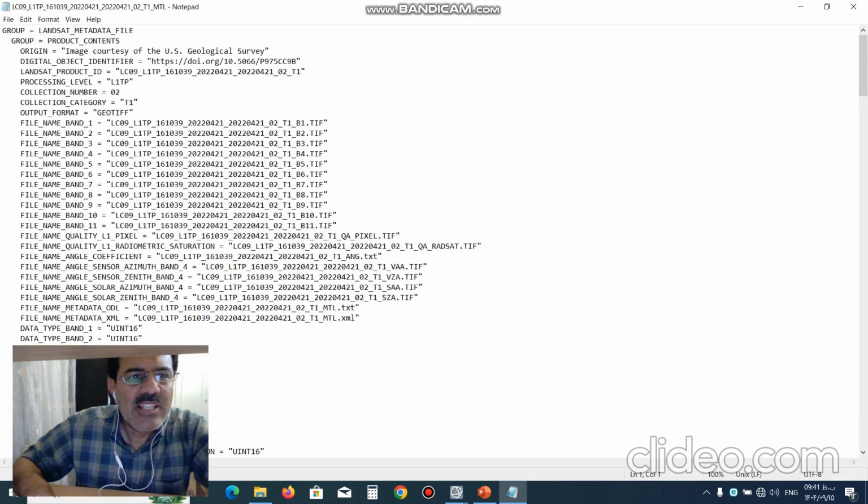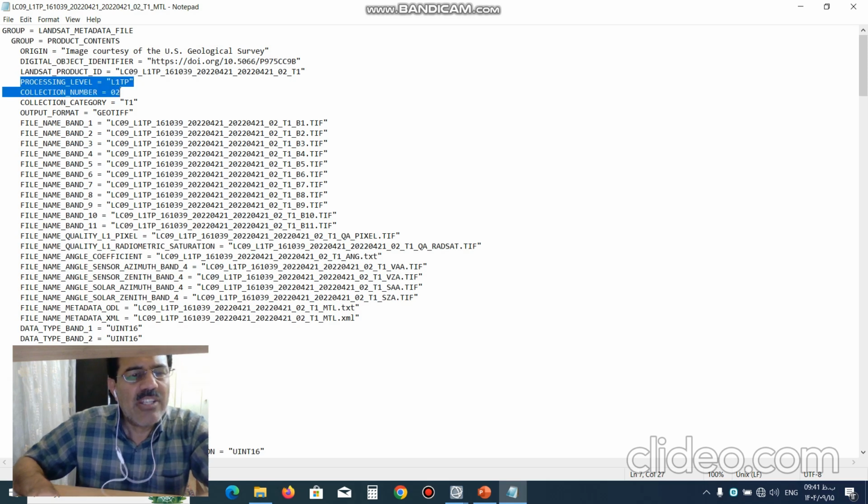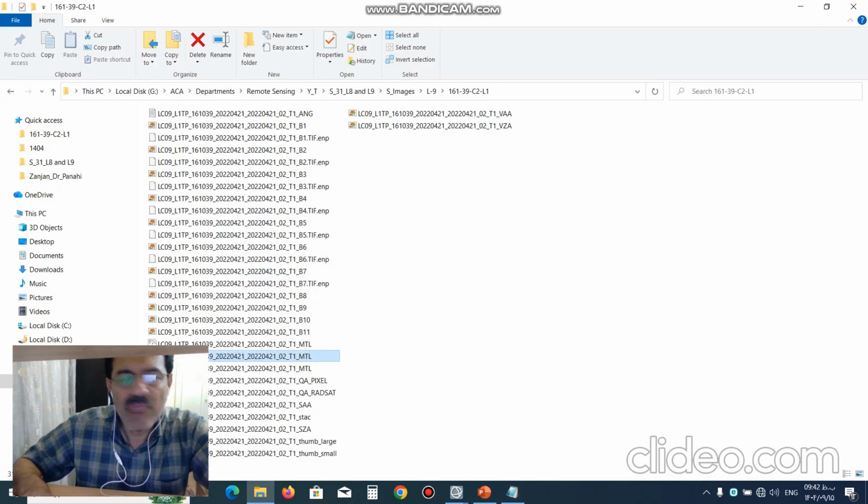We can check this point, level 1 and collection 2. That means Collection 2 Level 1. So we can work on Collection 2 Level 1 of Landsat 8 or Landsat 9.